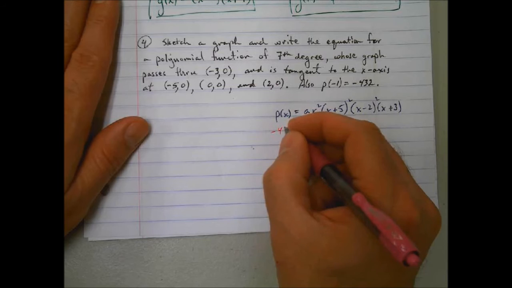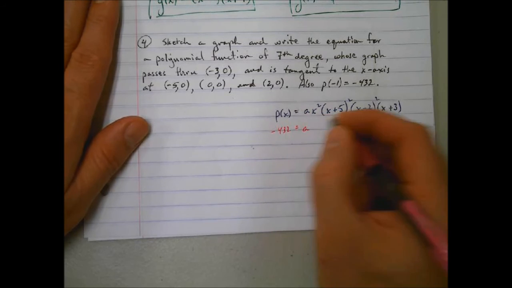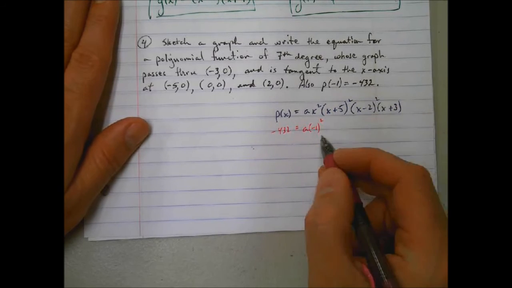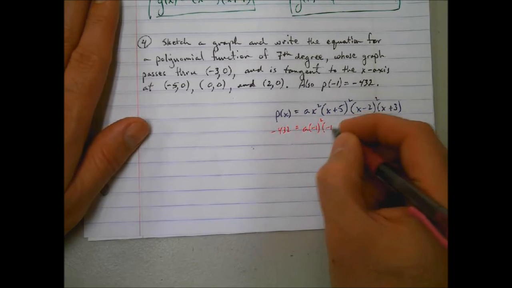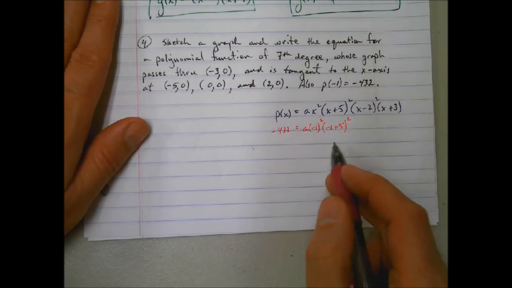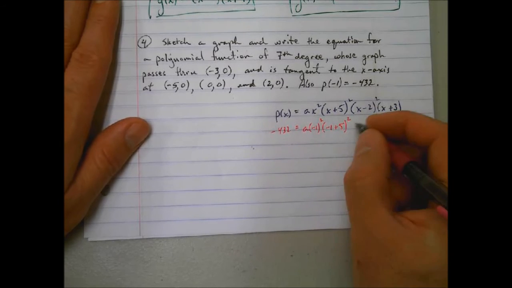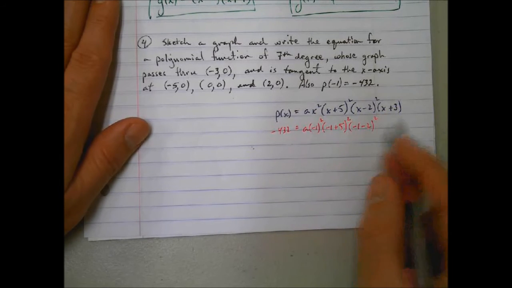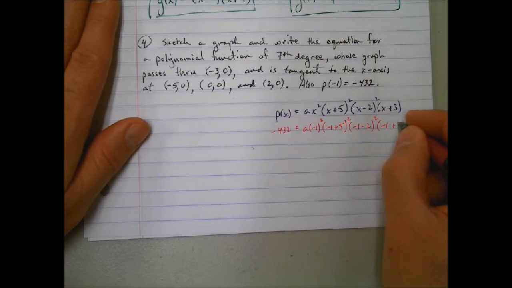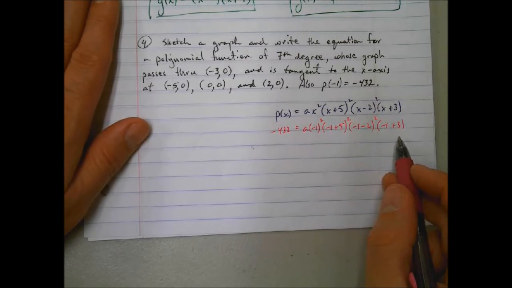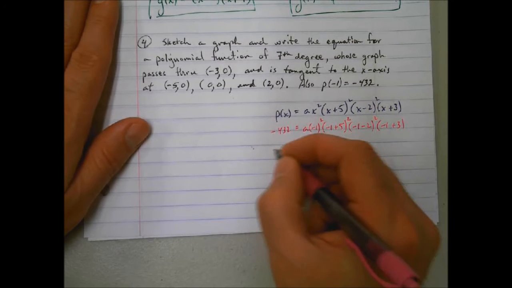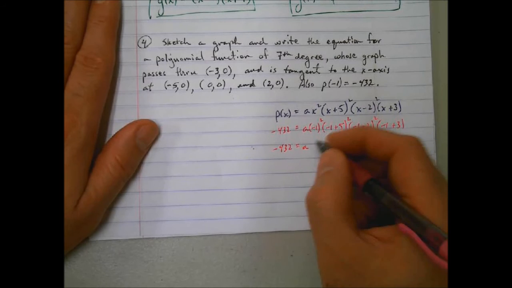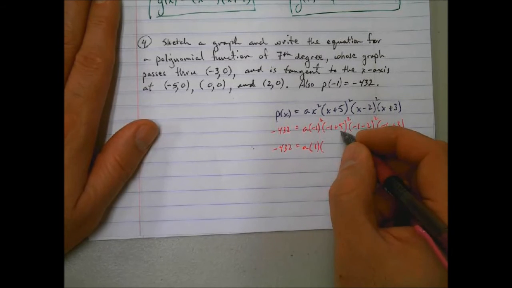Negative 432 equals a times, okay, everywhere I see x's, I'm putting negative 1. Negative 1 squared. Negative 1 plus 5 squared. Negative 1 minus 2 squared. And negative 1 plus 3. Negative 1 squared is obviously 1. 4 squared.